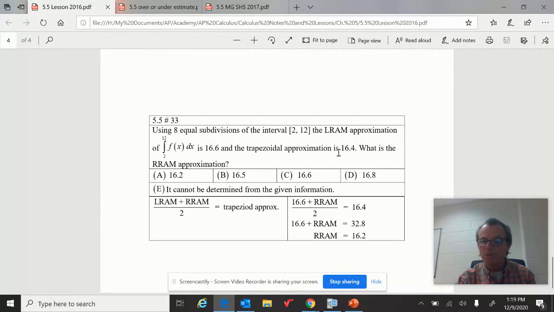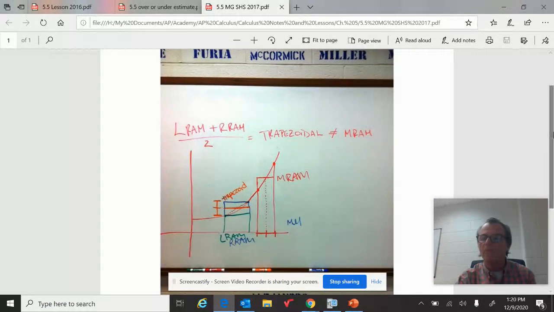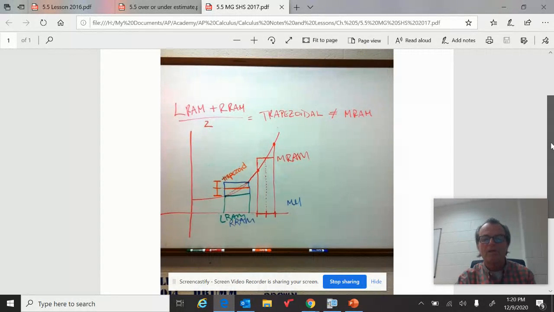Okay? So this picture is from Melanie Galantino, where she drew this to help you understand why the average of LRAM and RRAM is the trapezoidal approximation and not equal to MRAM.